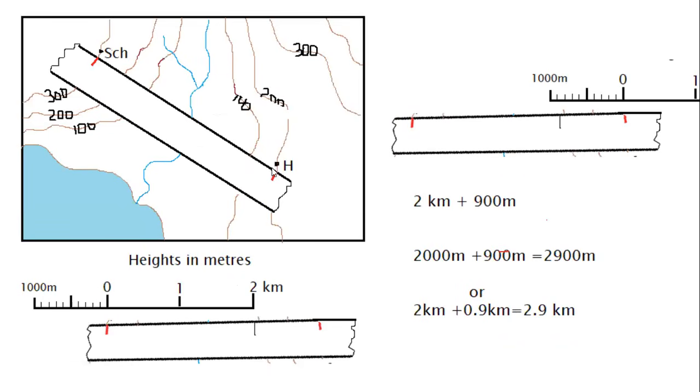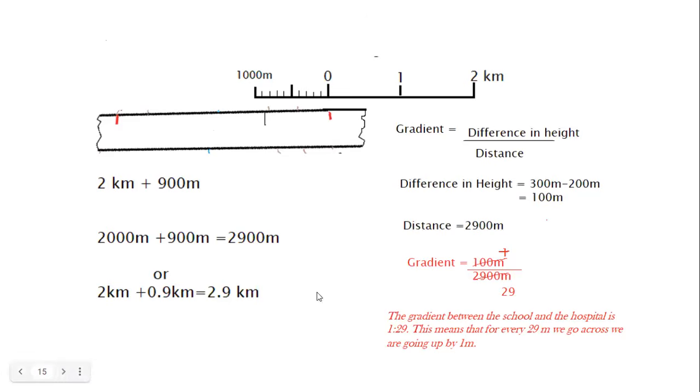Now, how we would get our height, since this is 300 and this is 200, we would simply take the difference between the two. So 300 minus 200 gives us 100 meters. So our height is 100 meters.